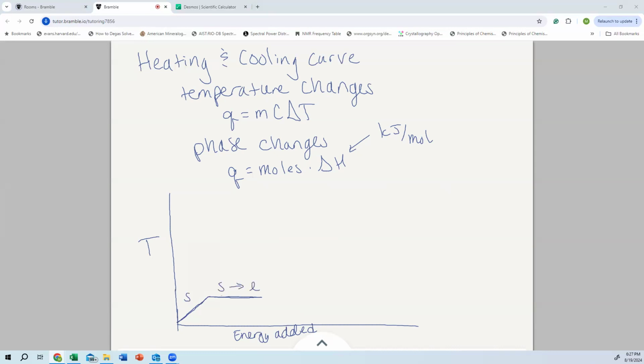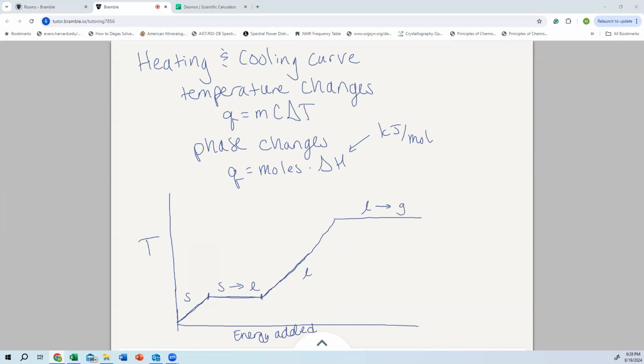Once we have completely converted all of our solid into our liquid, we then increase temperature further, increasing the temperature of the liquid itself until we reach another plateau, at which point we are converting from our liquid into our gas.